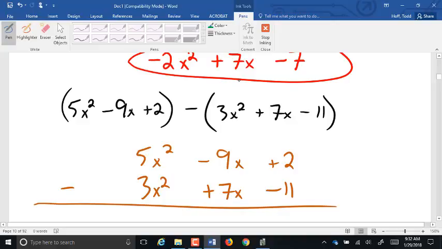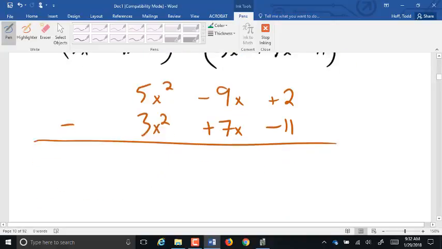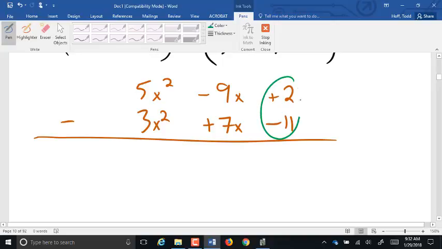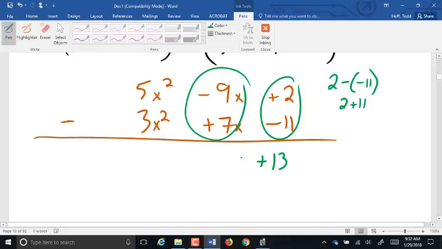Now this one gets tricky. Remember, we are subtracting. This is 2 minus a negative 11. We are subtracting. 2 minus a negative 11 is the same as 2 plus 11. So that would be positive 13. Here, the x, we're going to keep the same name.